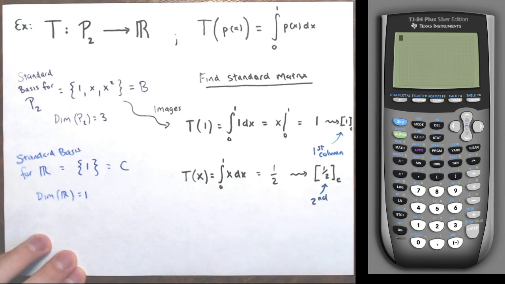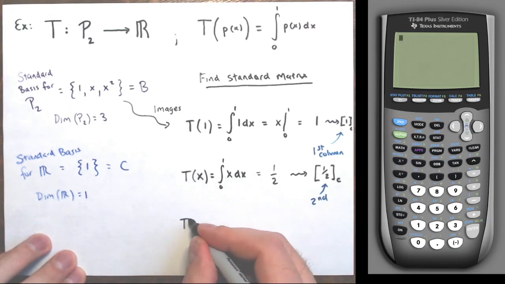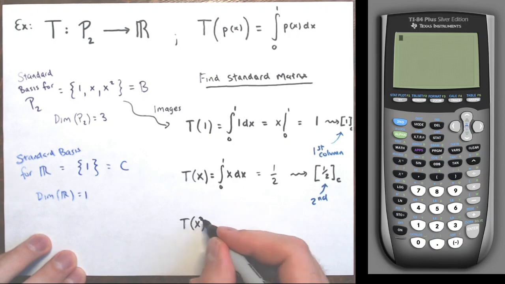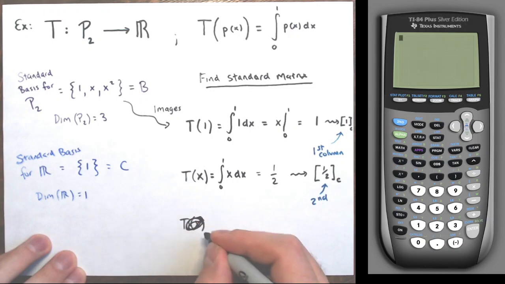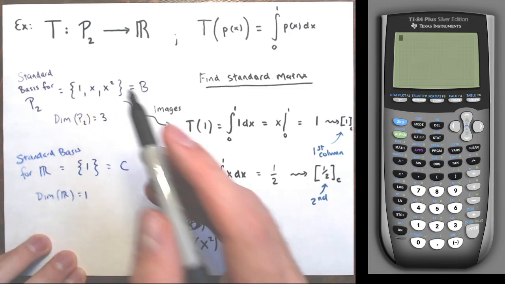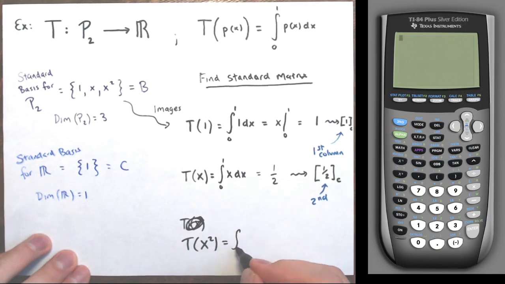I'm just going to write second column of the standard matrix, and then finally T of x squared. Sorry, that should be x squared. T of x squared, the third basis vector from B. This is the integral from 0 to 1 of x squared dx. All right, and this is 1/3 x cubed.